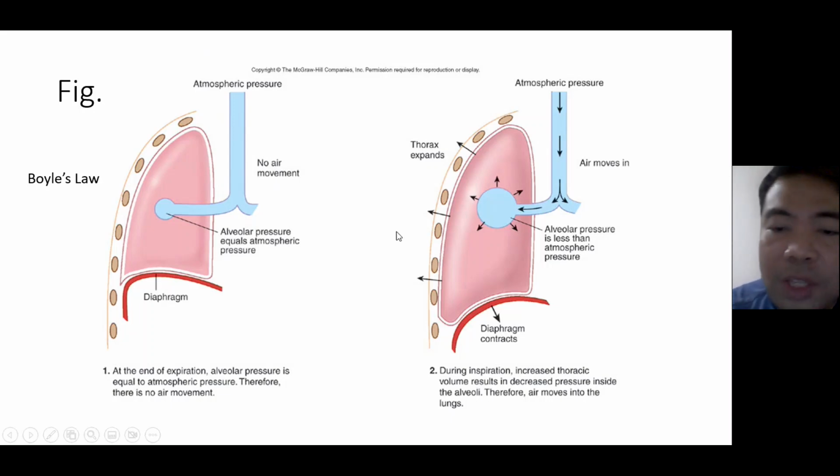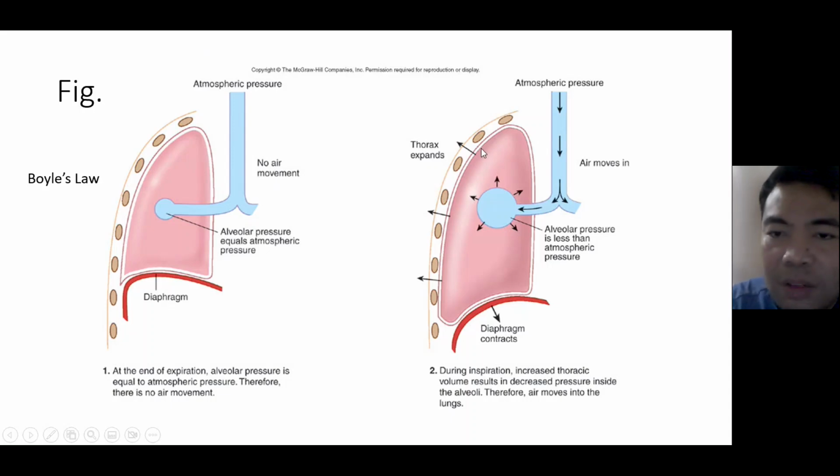But as you begin to inhale, tingnan nyo itong number 2. Take a look at the direction of the arrows for the ribs, and the direction of the arrow for the diaphragm. What happens now? The volume of the thorax increases.